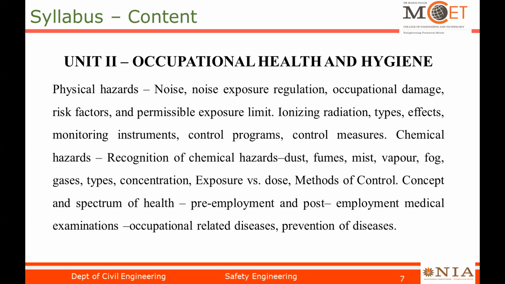Next is about the chemical hazards, where we'll go through the recognition of the chemical hazards, dust, fumes, mist, vapor, fog, gases, types, concentration, exposure versus dose. Then also the methods of control, concept and spectrum of health, pre-employment and post-employment medical examinations, occupational later diseases, prevention of diseases. So this unit is mainly about the physical hazards and the chemical hazards, and also the prevention of diseases.